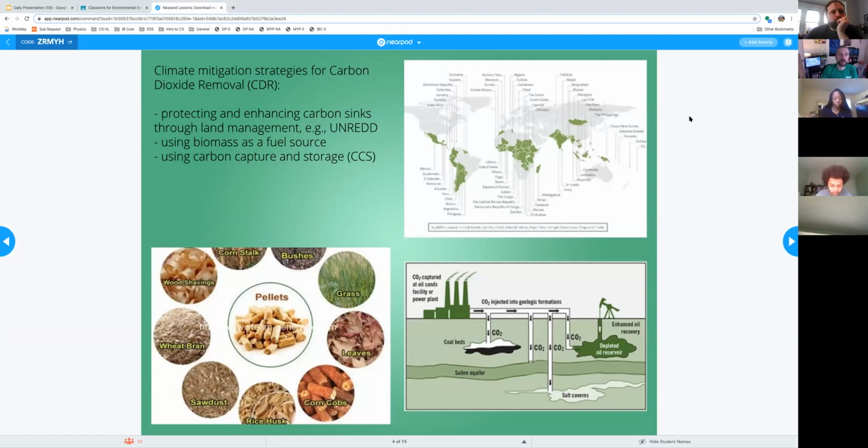All right, other mitigation strategies, and this specifically is for carbon dioxide removal, which I will refer to as CDR. So removing carbon dioxide is CDR.